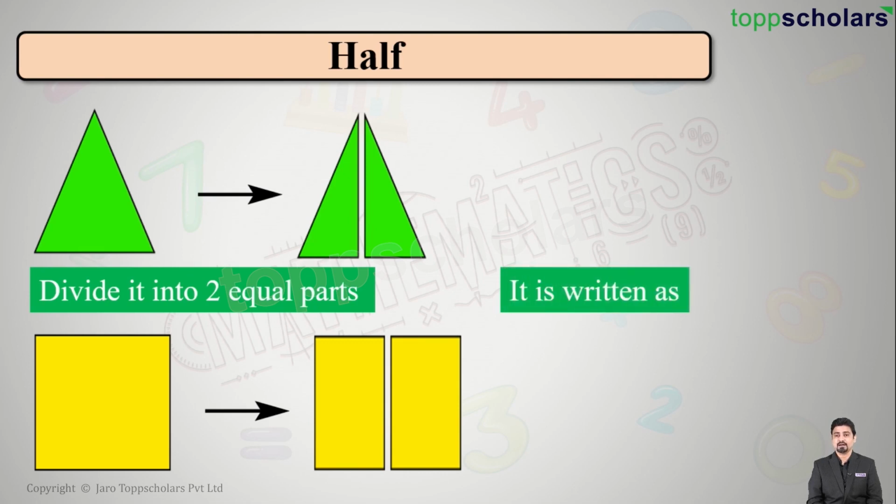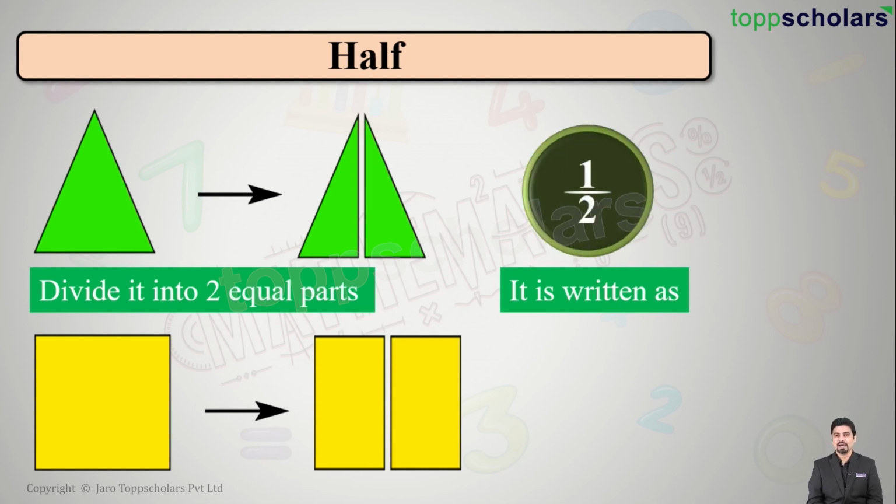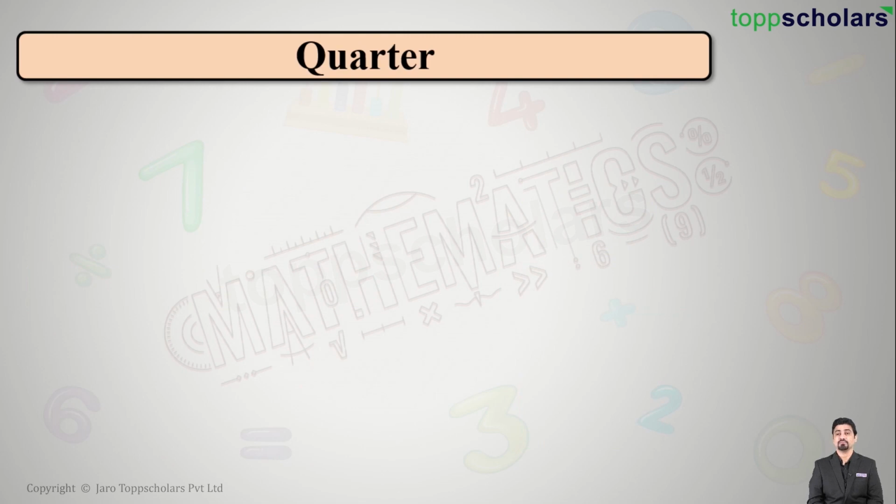Then each part of triangle or each part of a square is called 1/2 because one part out of two parts, and it is read as half. So students, 1/2 is read as half. Clear students? Great.